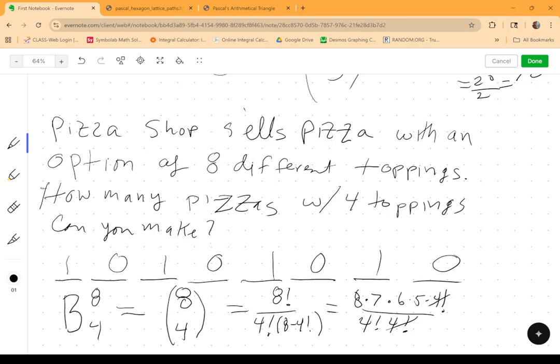Some calculating here: 4 factorial is 4 times 3 is 12, times 2 is 24. So 8 times 7 times 6 times 5 divided by 24 gives 70. So we have 70 different 4-topping pizzas that we can make.